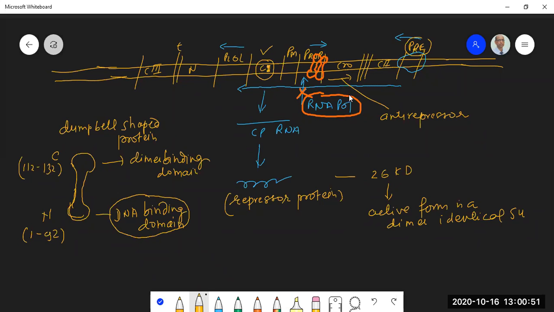Once it has made sure that CRO is not expressing, repressor synthesis is done through what is called the maintenance promoter. There is a promoter called PM, the maintenance promoter. RNA polymerase will bind to this maintenance promoter, its orientation is also like this, and it will transcribe CI.